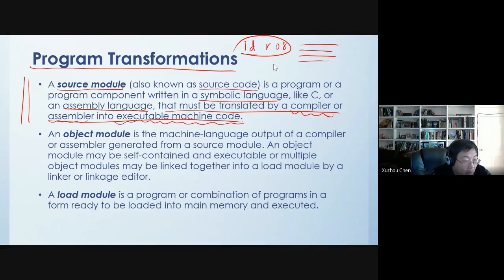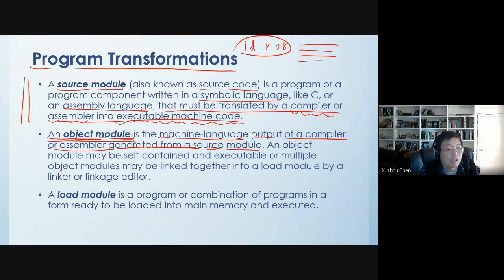Okay. So once you compile the source code or assembly language into machine executable code, the first thing you compile to is called an object module. It's the machine language output of the compiler or assembler generated from the source module.